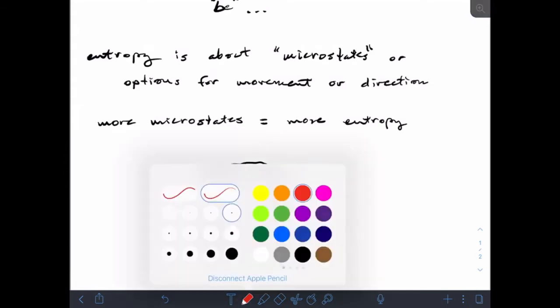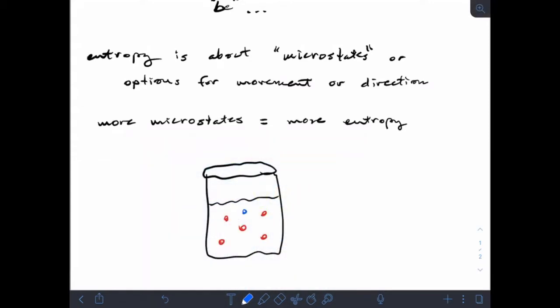Now, if I introduce some other thing, let's say I dissolve some sodium chloride in my water, now I've got all these particles of something else. Now I have not only water molecules bumping into each other and the walls, but they're bumping into solute molecules, the sodium chloride molecules.